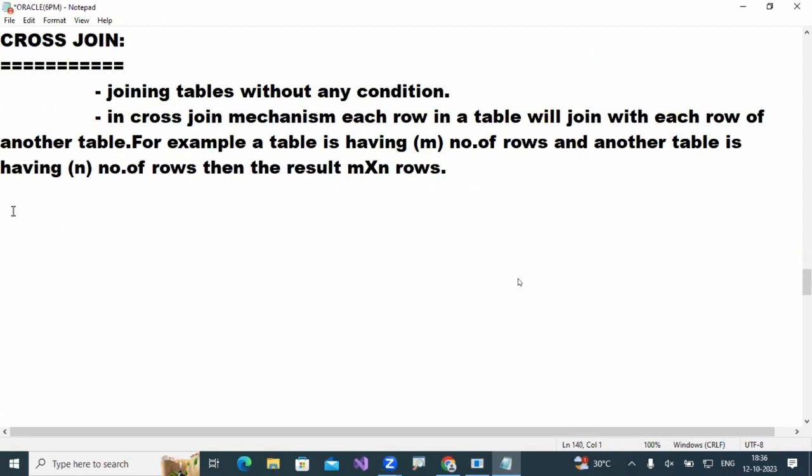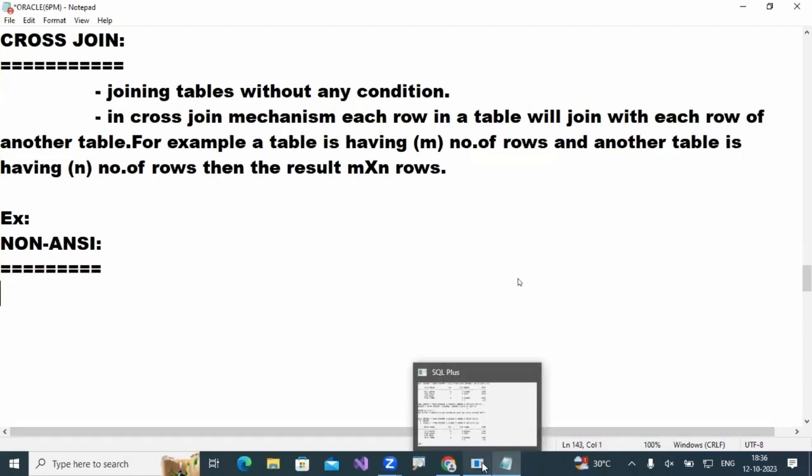And now I will show you one direct example. First, I will show you ANSI format. Otherwise, first I will go for non-ANSI. So in non-ANSI, it's very simple.